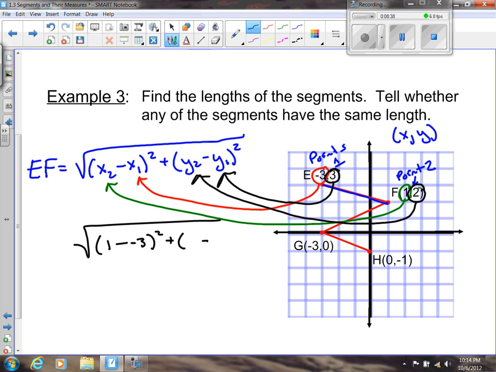Let me change that. That's my second y coordinate minus 3 quantity squared. So from here, I simplify this, and subtracting negatives is like adding. I get 4 squared plus -1 squared.